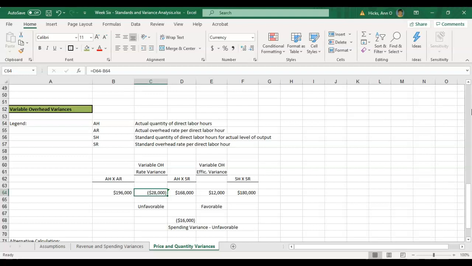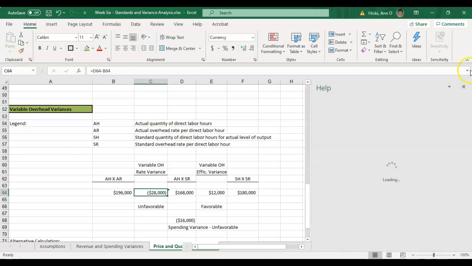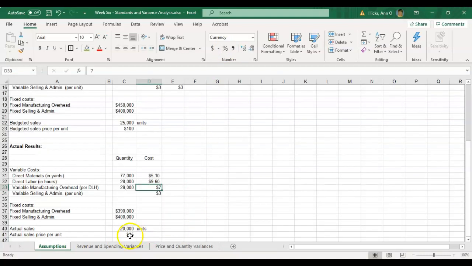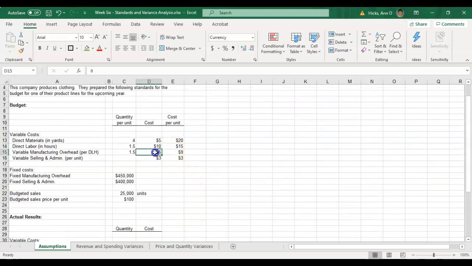The difference between the far left column and the middle column is the variable overhead rate variance. In this case, that's $28,000, and it is unfavorable. And that makes sense, again, intuitively, because we had an actual rate of $7 compared to a standard of $6.